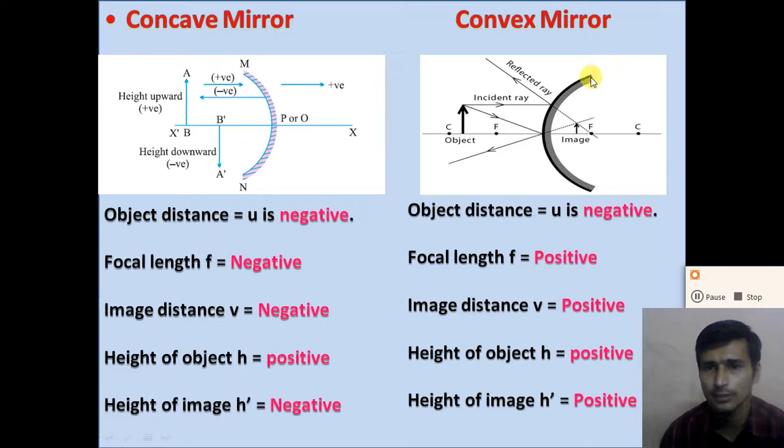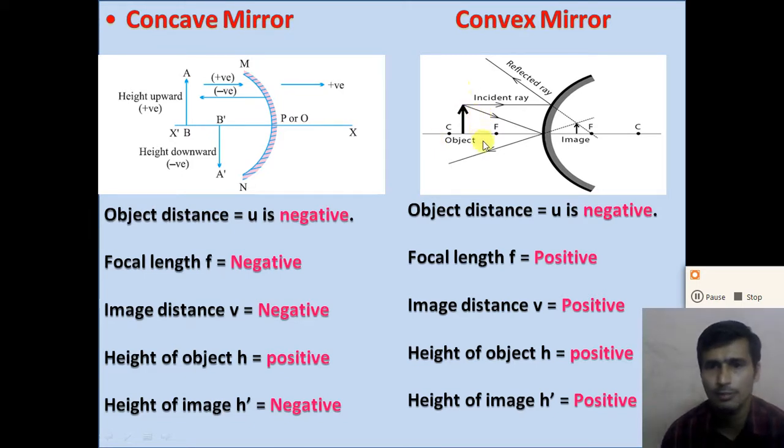In case of the convex mirror, we place the object on the left hand side, right? The rays of light are emerging from the left side and going towards the right side.